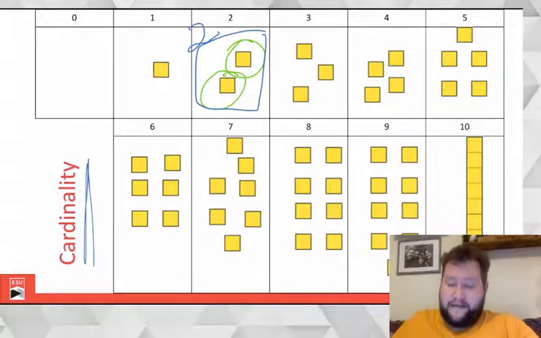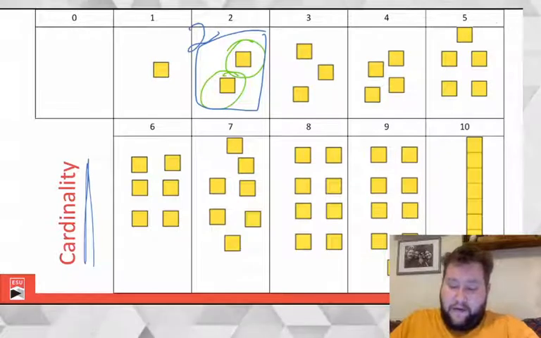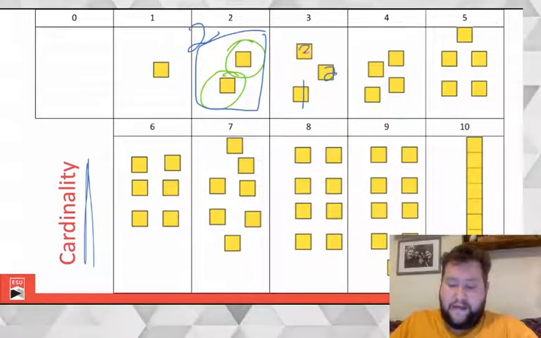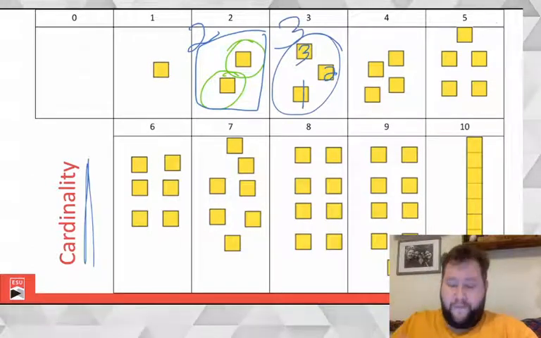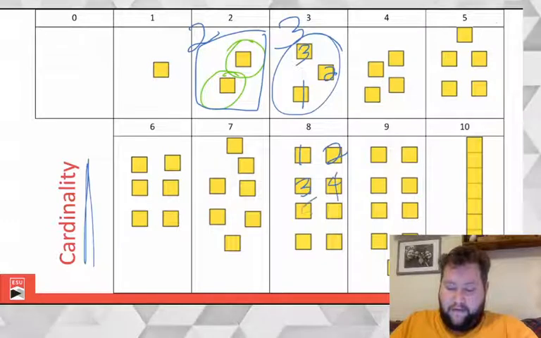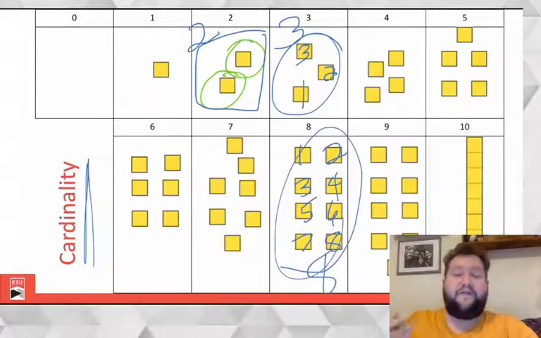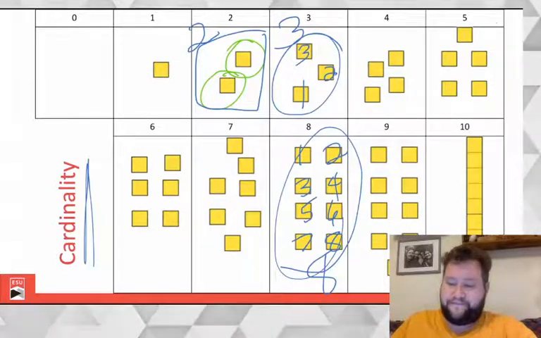They learn that if I count 1, 2, 3 objects, this group has 3. Or 1, 2, 3, 4, 5, 6, 7, 8. That together represents the number of objects.